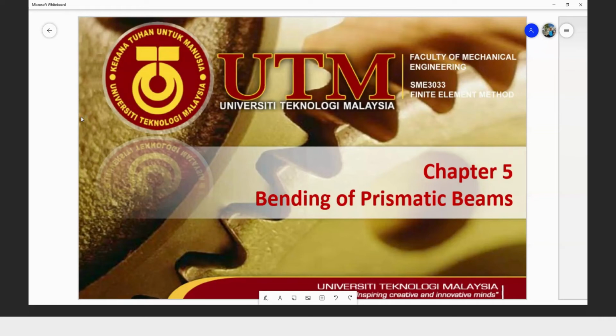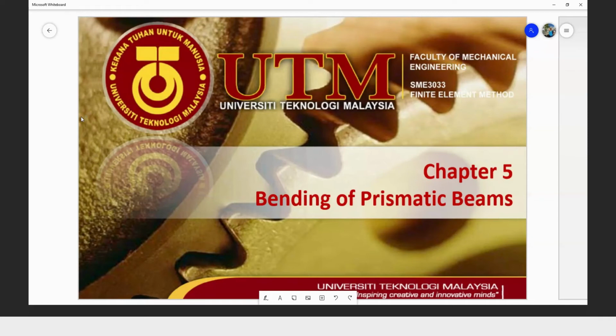So that's why in many structures, components or system will have this beam.